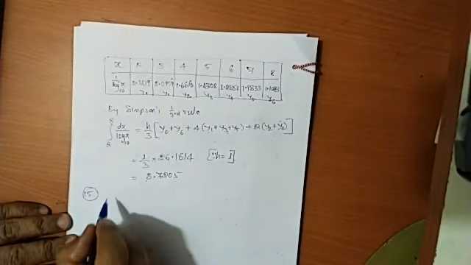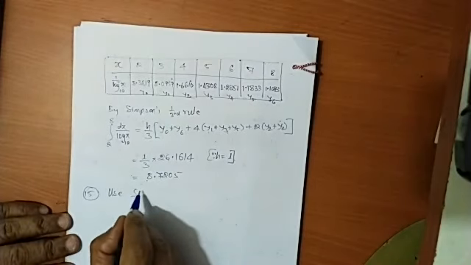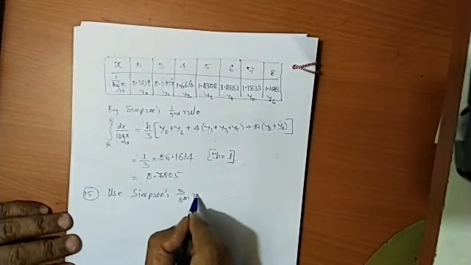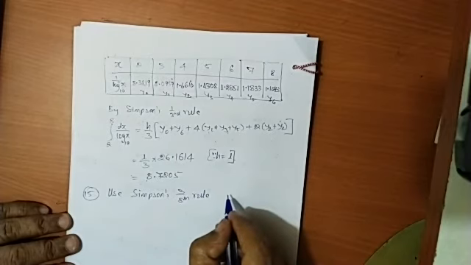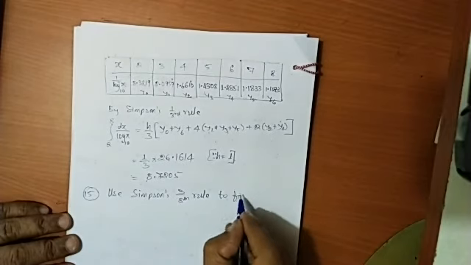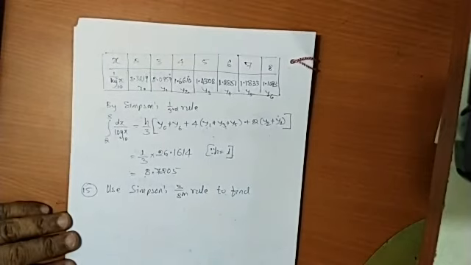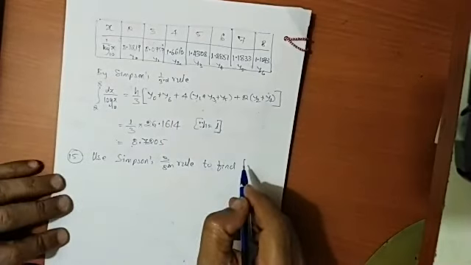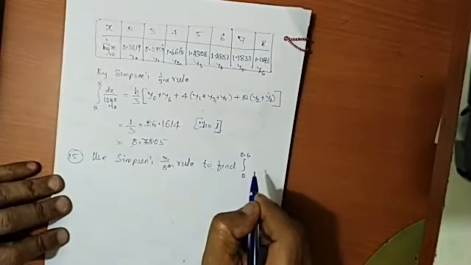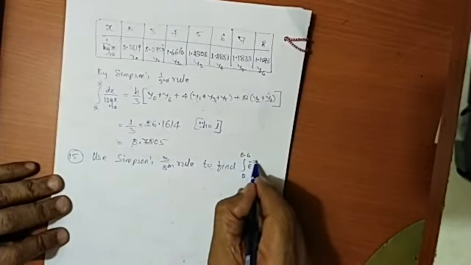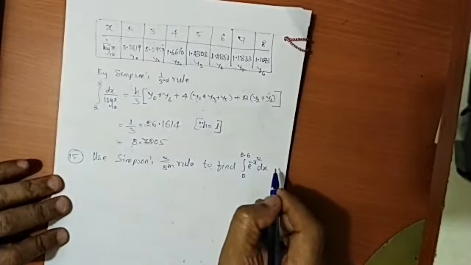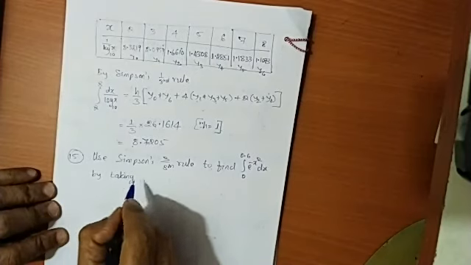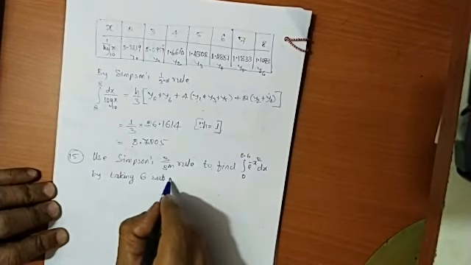So what it says is use Simpson's 3/8 rule to find the integration 0 to 0.6 e power minus x squared dx by taking 6 sub intervals.